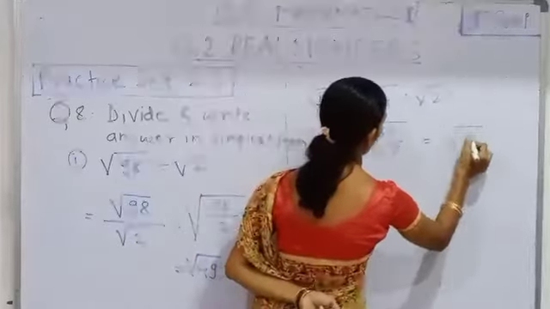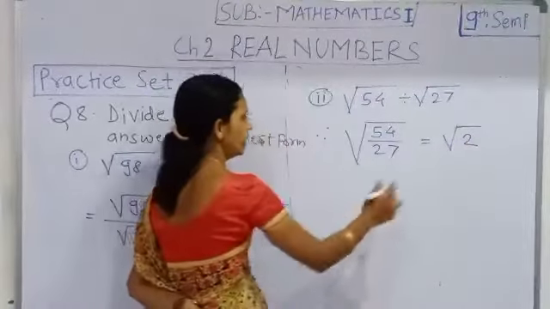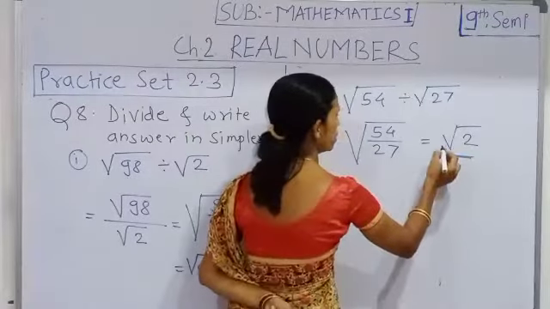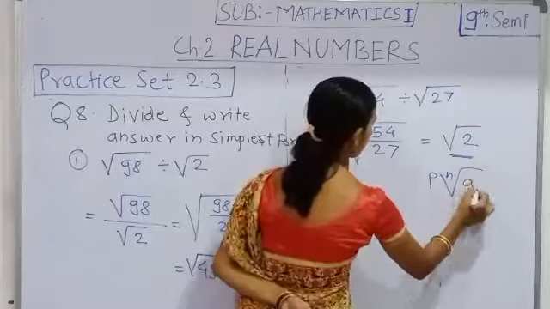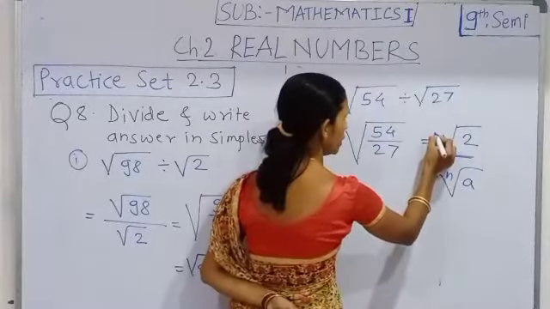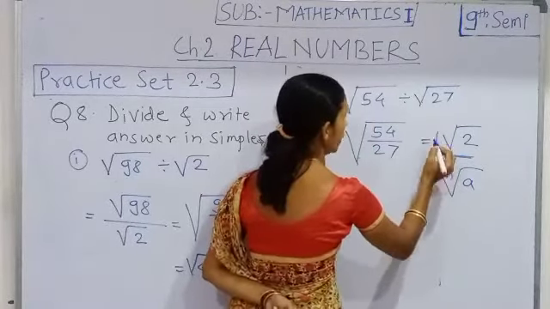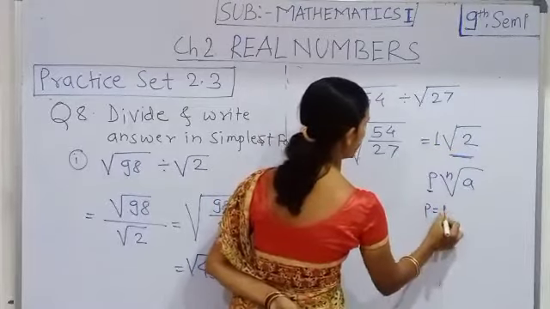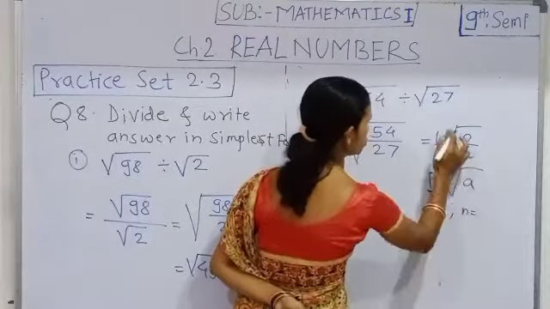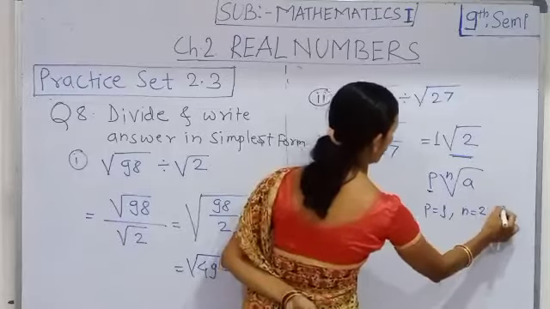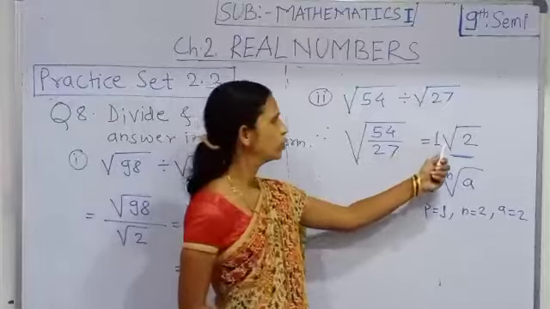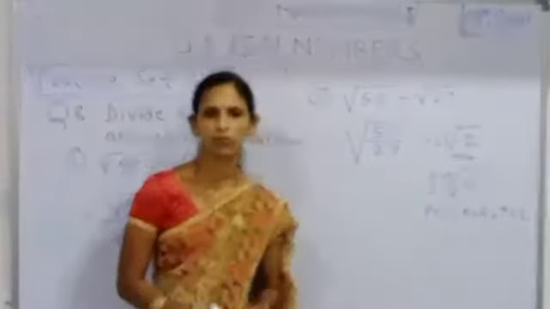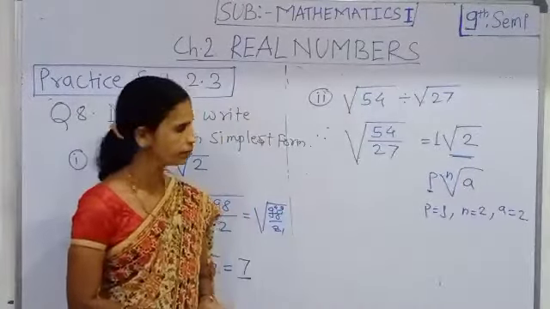Therefore square root of 2. And square root of 2 is the simplest form, in the p-nth root of a form, in which p is 1, n is equal to 2 and a is equal to 2. That means root 2 is the simplest form of that surd.